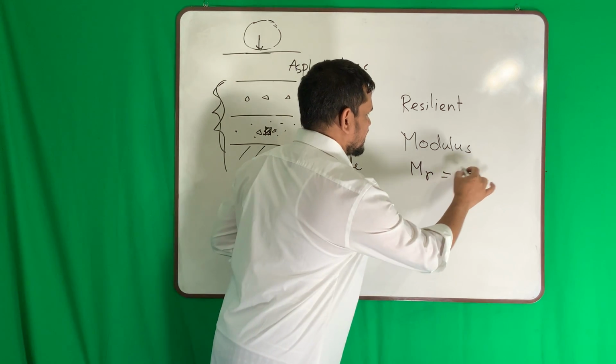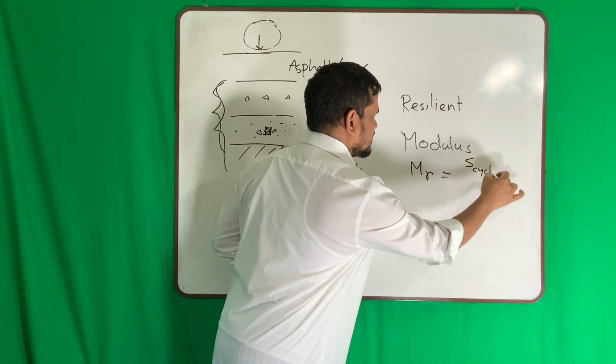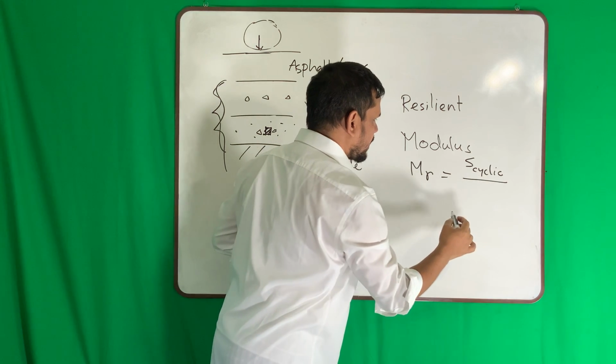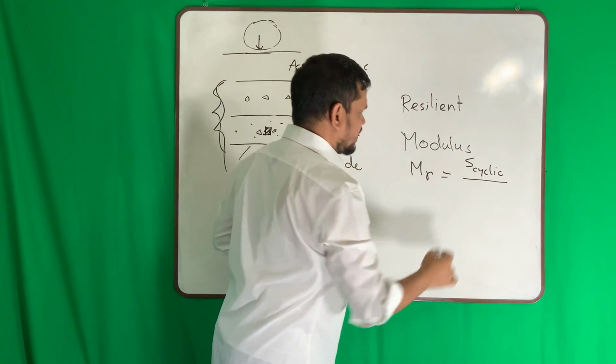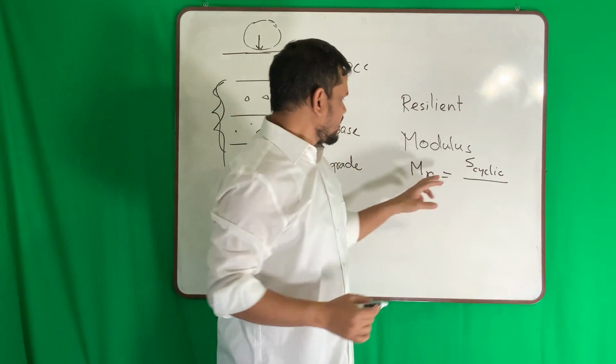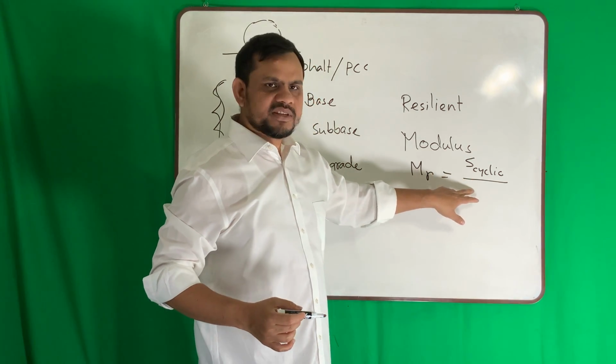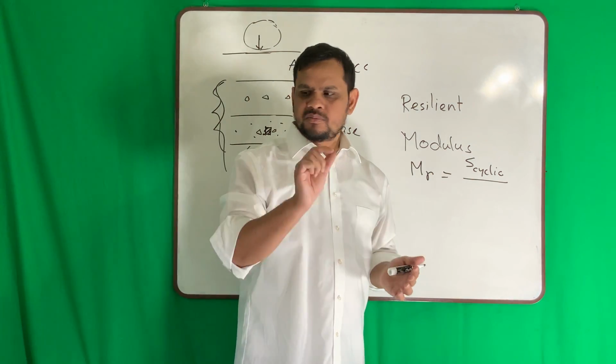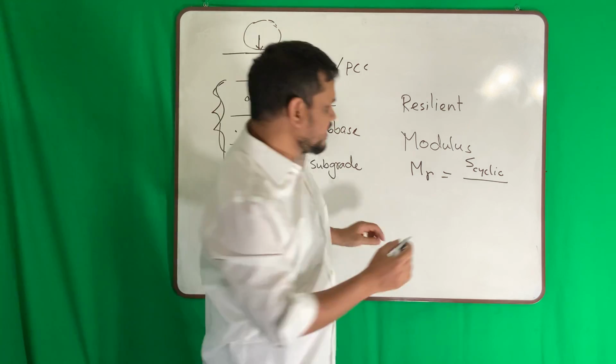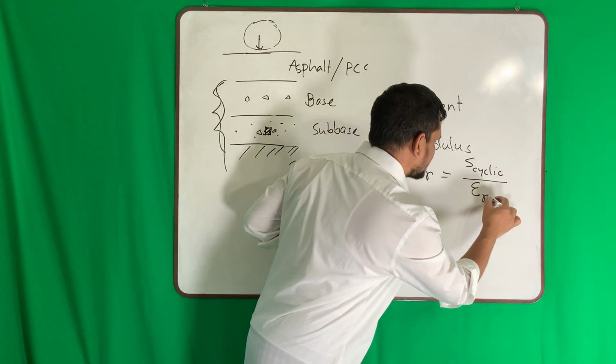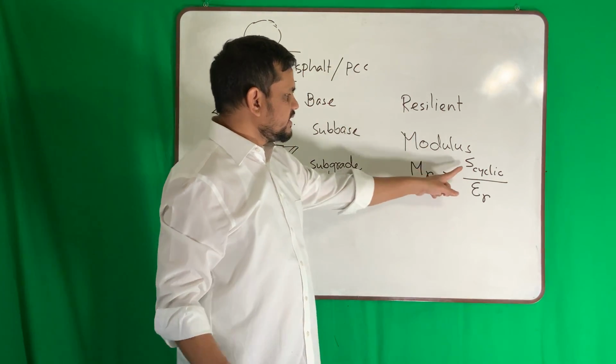What is that? Cyclic stress divided by cyclic strain. Let me see the symbol we use. I think it is epsilon R.